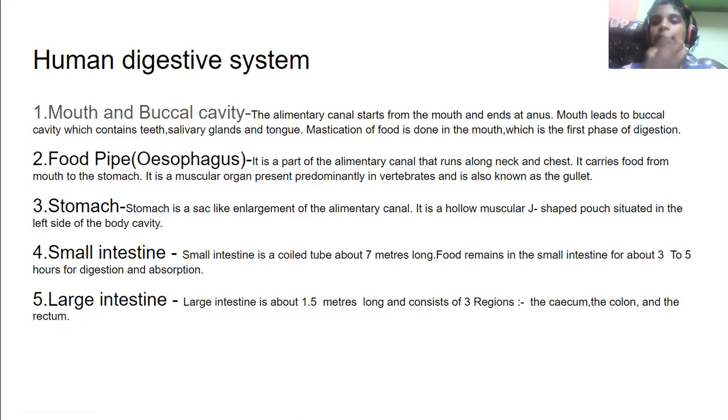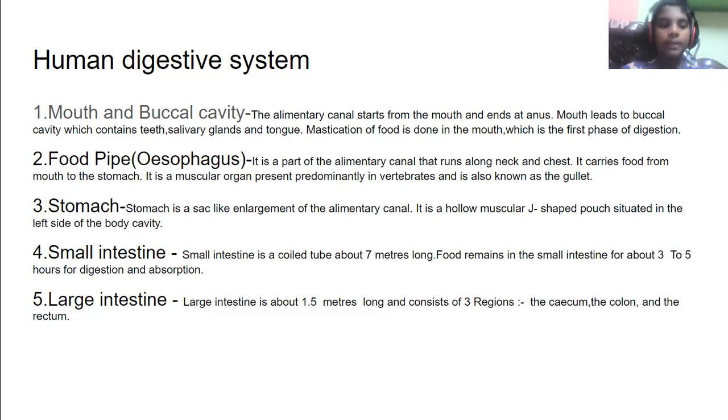From the buccal cavity, we take in the food, and that all passes through the food pipe. It is a muscular organ present predominantly in vertebrates, that is, backbone organisms, and is also known as the gullet. So this food pipe has three names: food pipe, esophagus, and gullet.